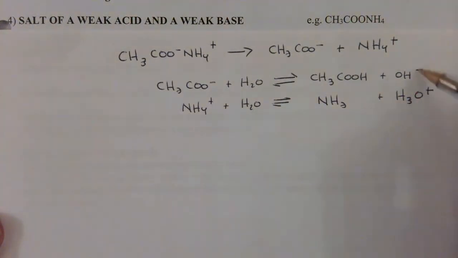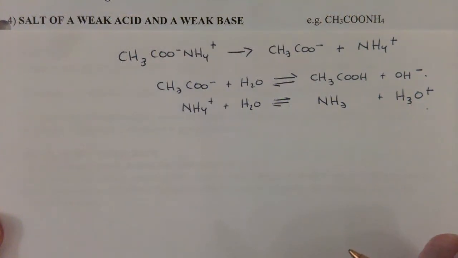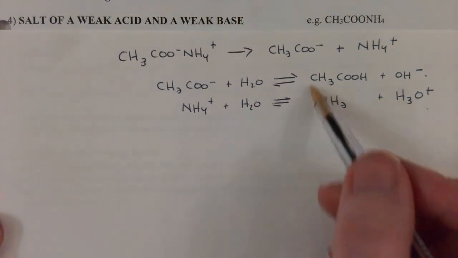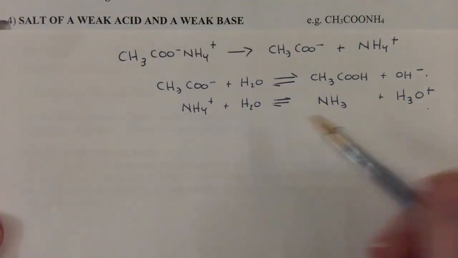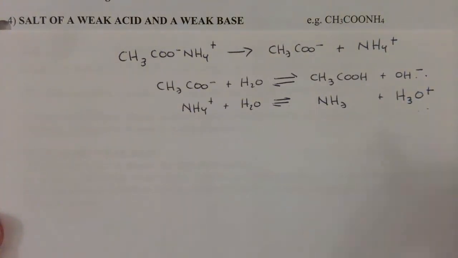So you get part of the salt producing an alkali and part of the salt producing an acid. So the pH you actually end up with depends on the relative positions of these two equilibrium positions. Whichever one of these two reactions dominates determines whether you get an alkali salt or an acidic salt, or even, if they cancel each other out, a neutral salt.